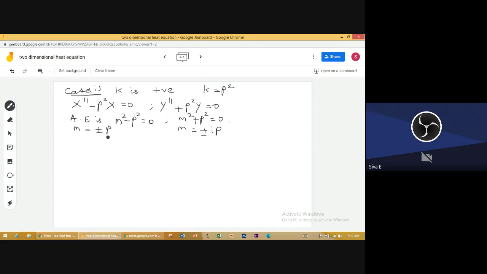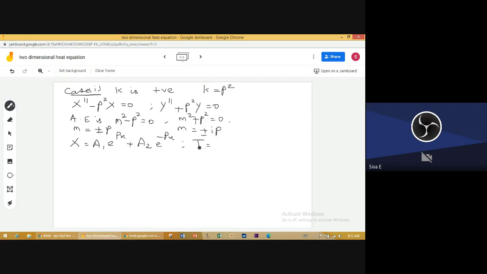Here the roots are real and unequal, and here the roots are complex. So we can write X equal to a1 e power px plus a2 e power minus px.